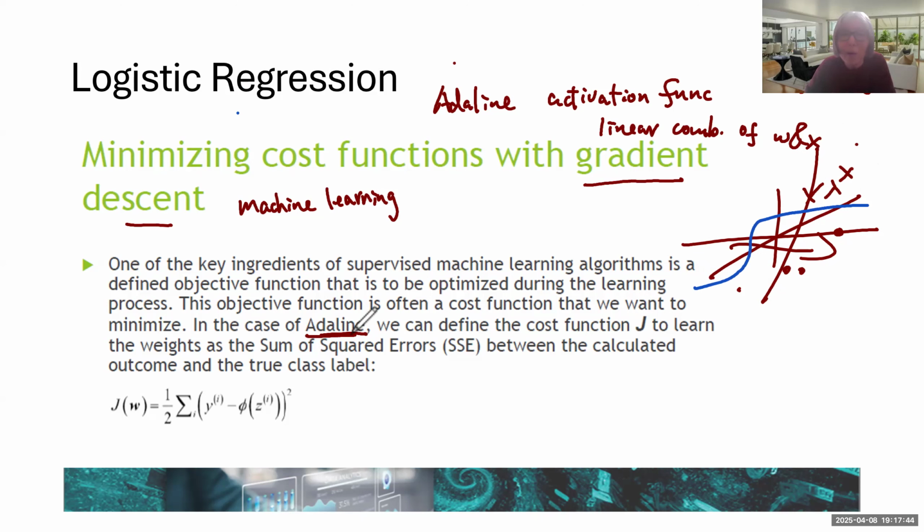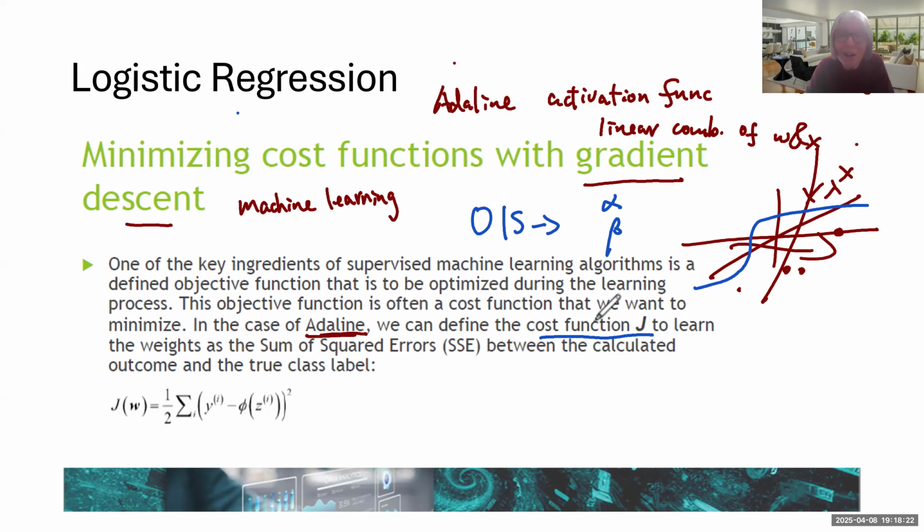But here we use Adaline. The concept I want to introduce is the cost function. For Adaline, there are some similarities with what we learned in linear regression, OLS, the ordinary least squares concept to find the optimal alpha and beta, the intercept and the slope.